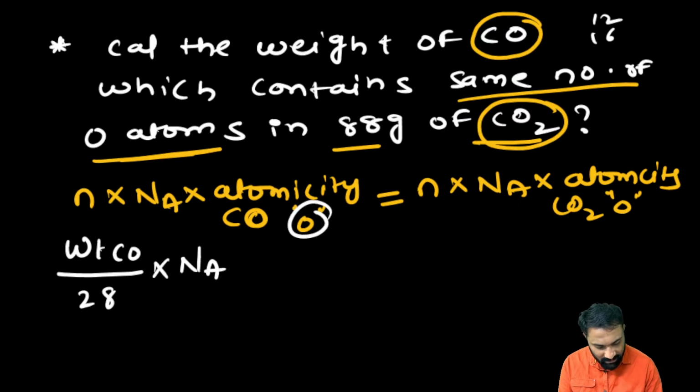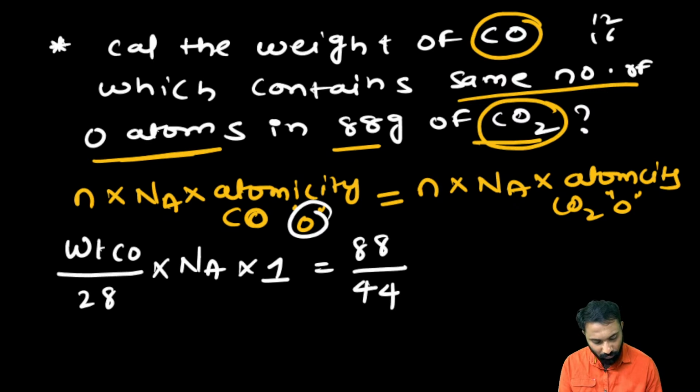Atomicity of oxygen in the CO is 1, equal to 88 by 44 into Na, the weight of CO2 they have given.